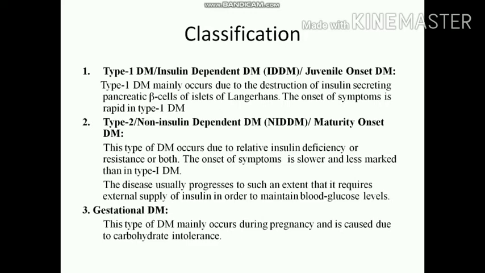The diabetes which occurs during pregnancy is called gestational DM. That means the patient doesn't have any history of diabetes, but during pregnancy the patient is diagnosed with DM, and it occurs due to carbohydrate intolerance.